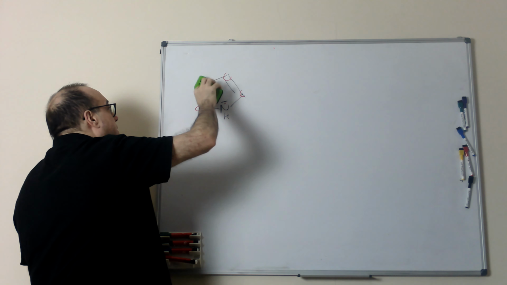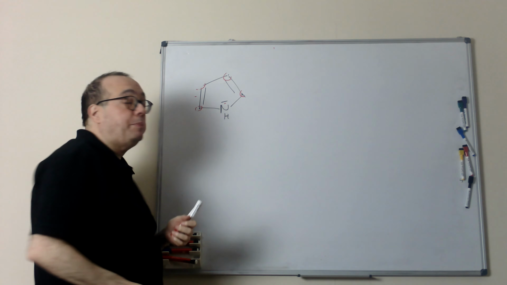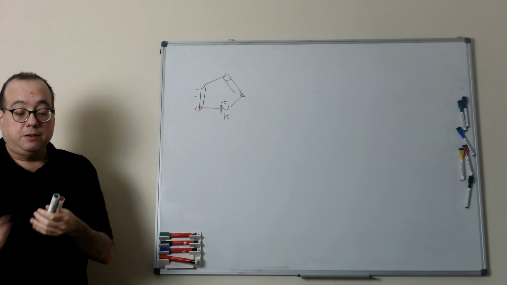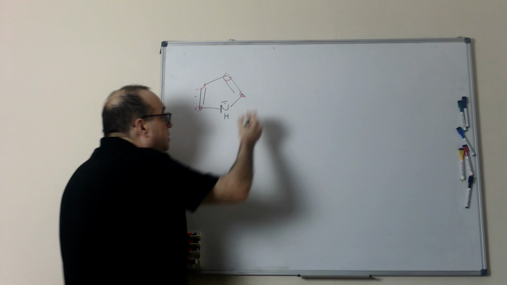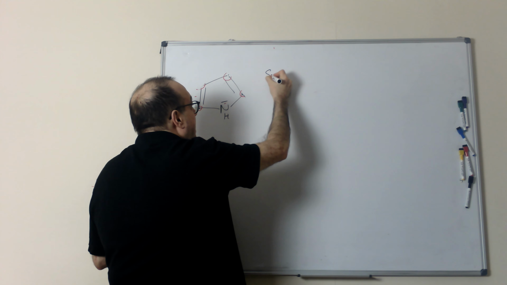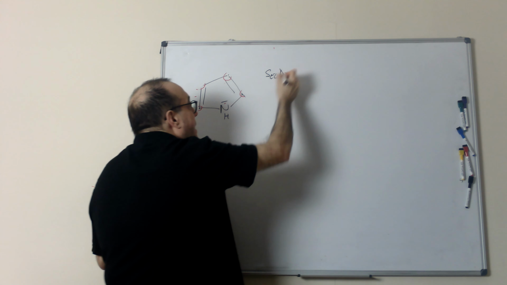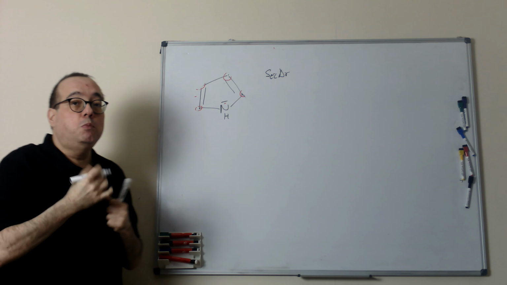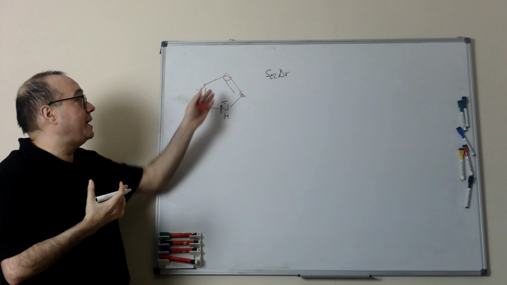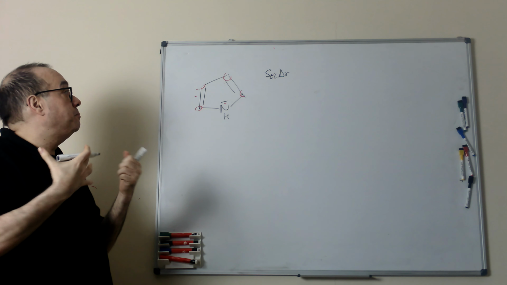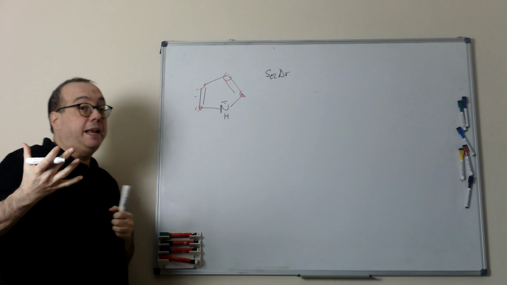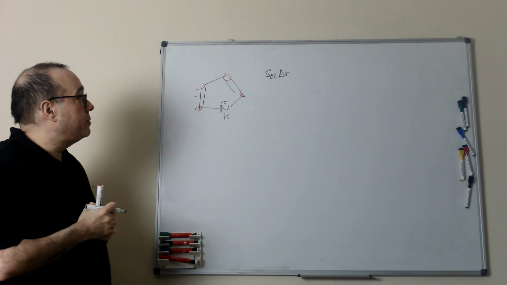If the pyrrole is electron rich, what are the chemical consequences? It means electrophilic aromatic substitution will work very well, because this pair of electrons will be able to attack any electrophile.